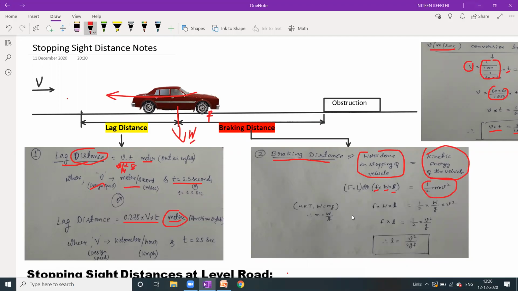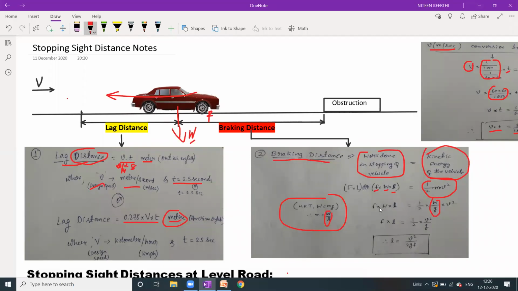After that, you know the relation between weight and mass. Since on the left hand side there is the weight of the vehicle, take the mass also in terms of weight. Weight is equal to mass into gravitational acceleration g, so mass is equal to weight by g. In place of mass you can write weight by g, right?